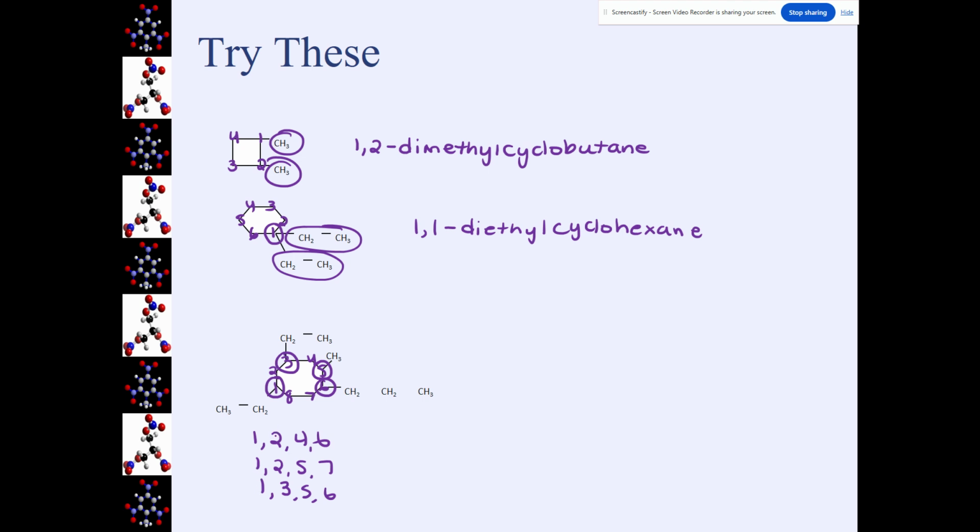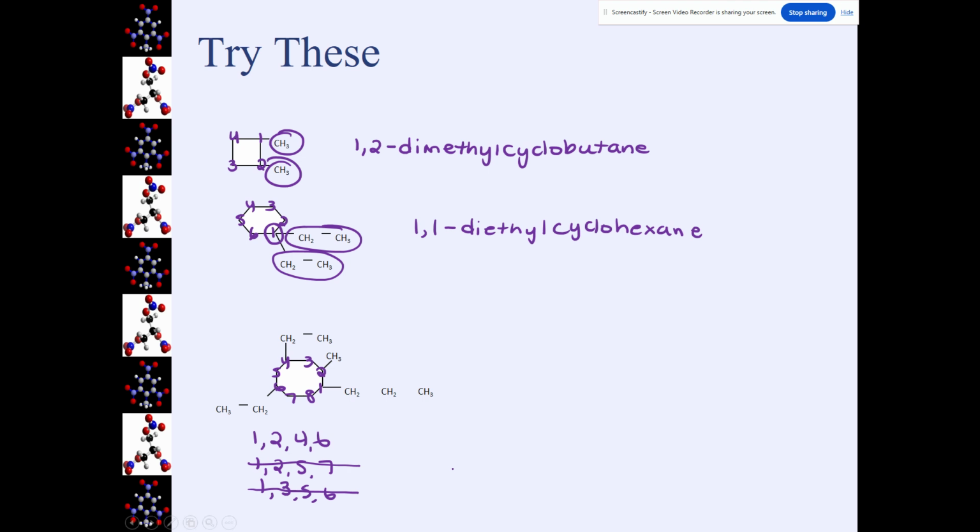Then we look at the next number, 2, 2, oh, 3. Nope, that's not good. Then we look at the next number, 4 versus 5. Nope, not good. So that's why that first way of numbering is the best way to number it. It just takes some practice and you get an eye for it.